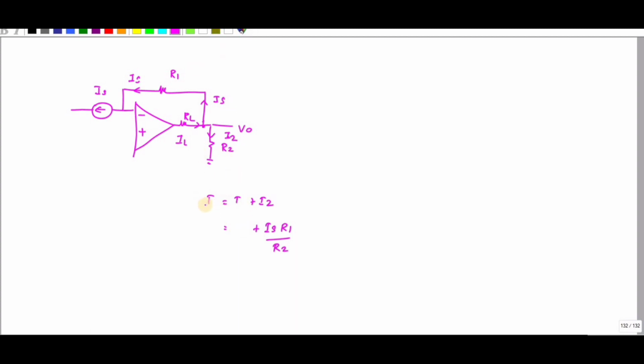This is the incoming current IL and the outgoing current IS. So I can write IL is equal to IS times 1 plus R1 by R2. So IL by IS is equal to 1 plus R1 by R2.